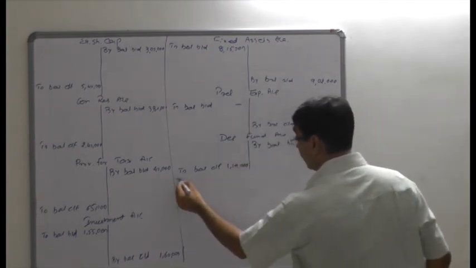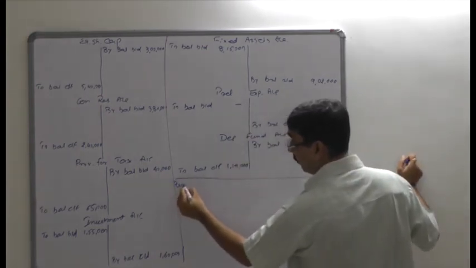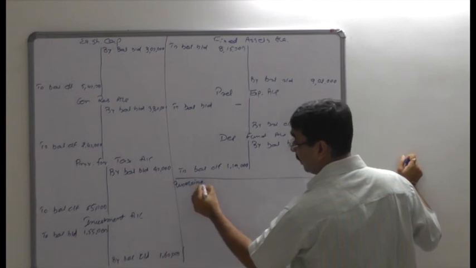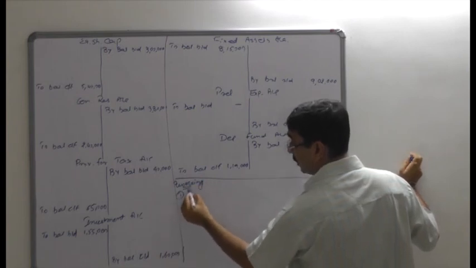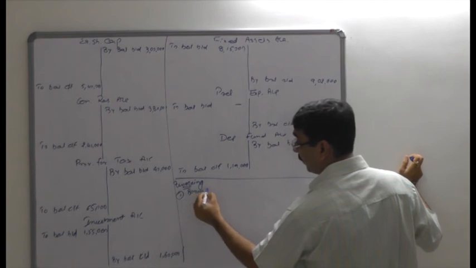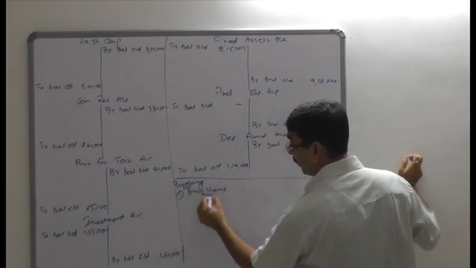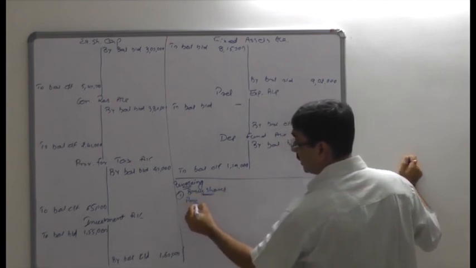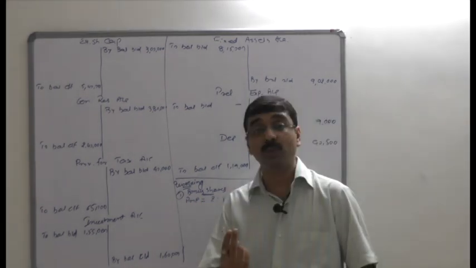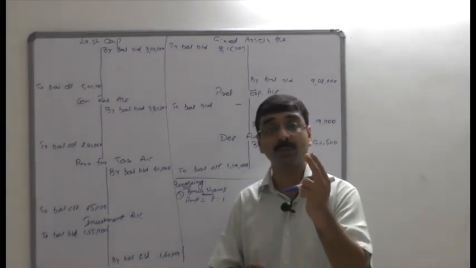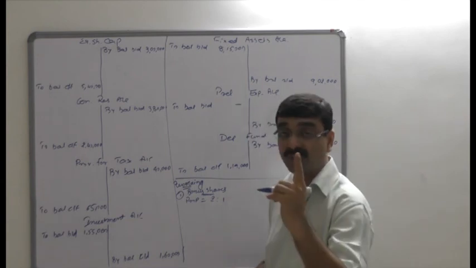Now as per this, we will prepare the working. See working number 1, bonus shares. The proportion of the bonus shares is 2:1. If the shareholders hold 2 equity shares of the particular company, they will get 1 bonus share.